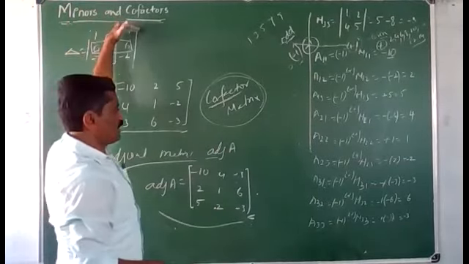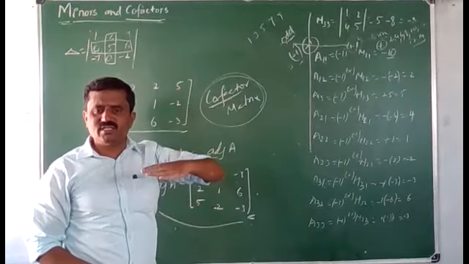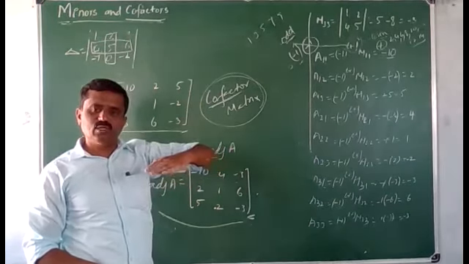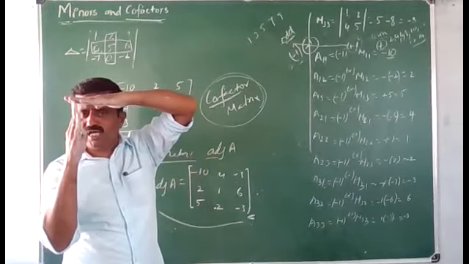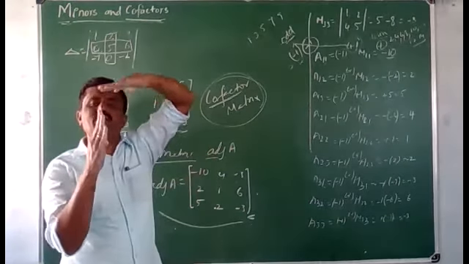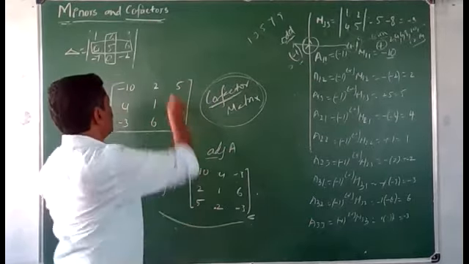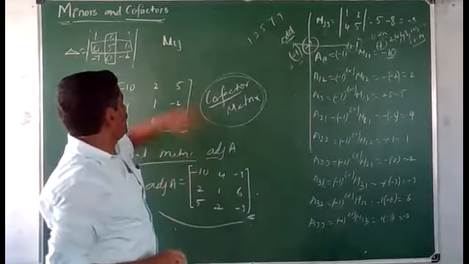So what is the minor of an element? The minor of an element Aij of a determinant is obtained by deleting the ith row and jth column in which the element Aij lies. It is usually denoted as Mij. Then what is the cofactor?